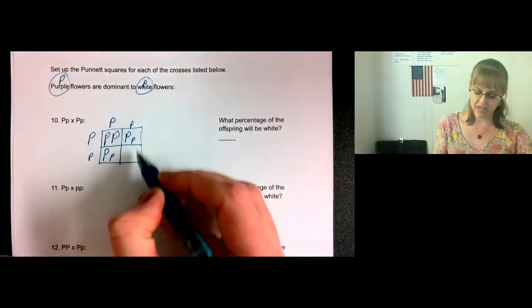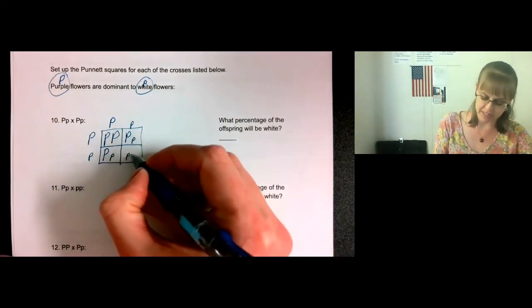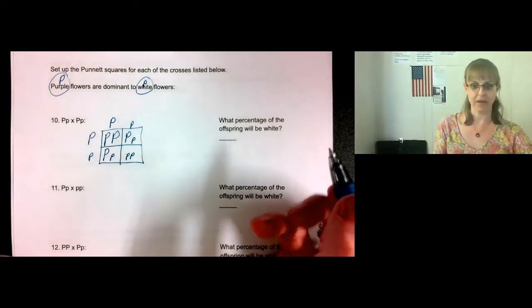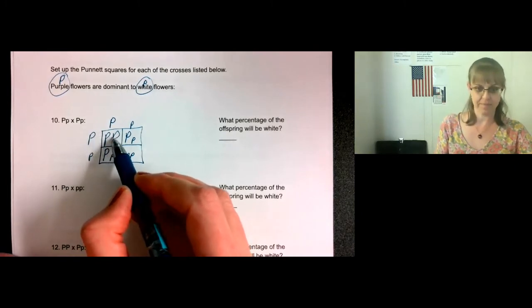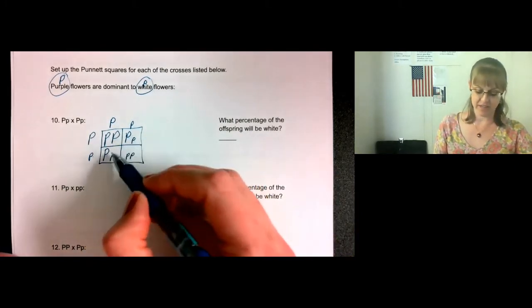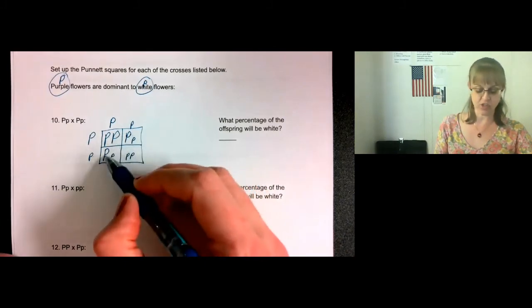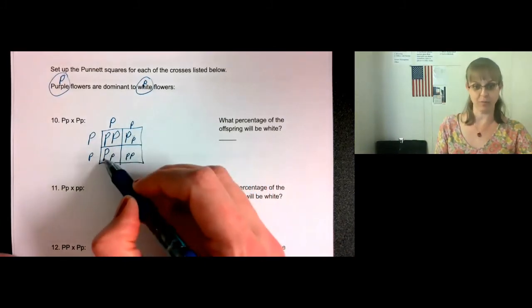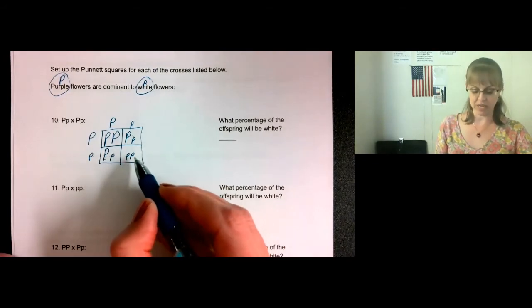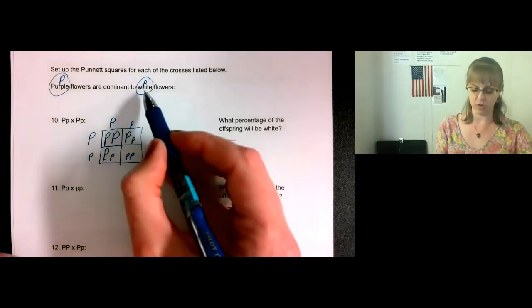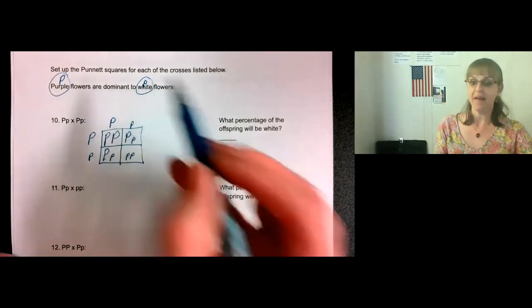And finally, we can have two lowercase p's. Okay, remember, the capital P's are dominant, so this will be purple. The hybrids, the dominant trait will show, so these will also be purple. And this will be white, because it only has the recessive gene.